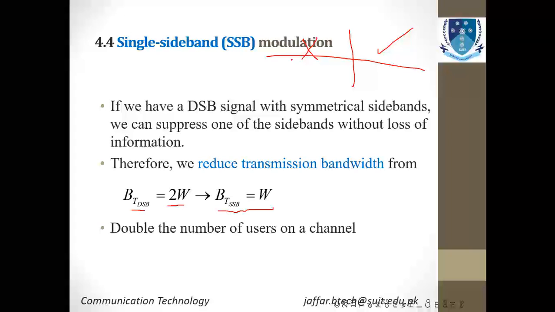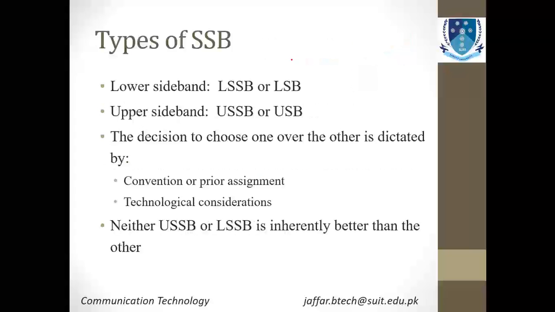Now we will also discuss how you can decide which sideband you want to cancel out and which sideband you want to contribute to the information. There are several types of SSB based upon the cancellation or rejection of the sideband.